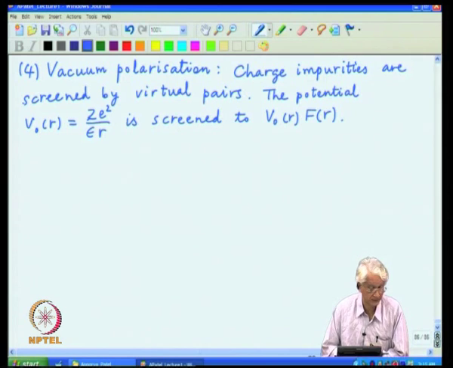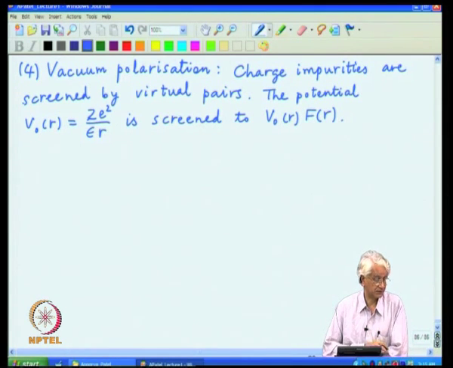F is less than 1, but it depends on how far from the charge you are observing.